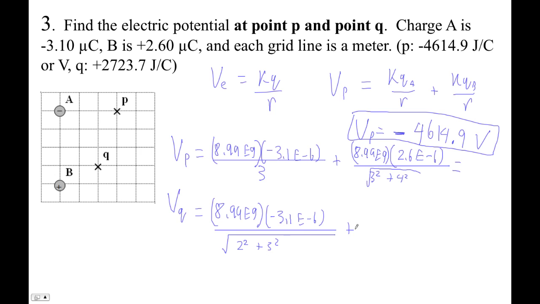Okay, plus 8.99 E9, and then this is 2.6 E minus 6. That's a plus, not a minus. Then it's divided by the square root of, let's see, Q to B, is that just 1 and 2? So it's 1 squared plus 2 squared.